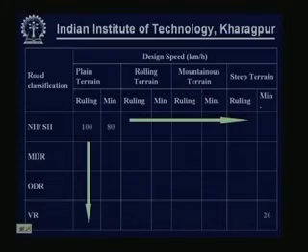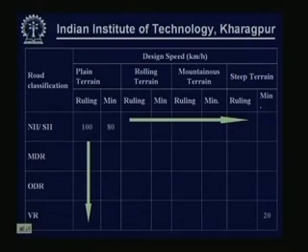So, obviously, once the terrain changes from plain to difficult, in common terms hilly terrain, there is a compromise again in terms of the design speed. I have not yet discussed the terrain classification. So, we will take up that component after our discussion about design speed.